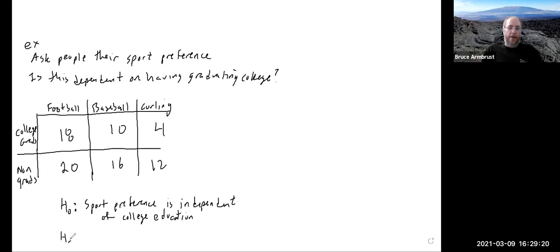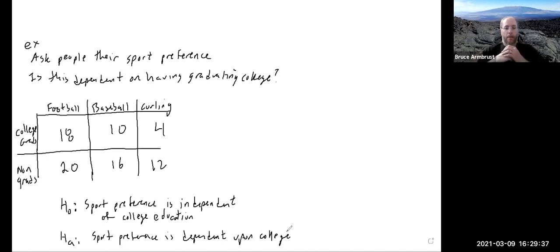That means our alternative hypothesis is that sport preference is dependent on college. For a test for independence, the null hypothesis is always that these two things are independent.